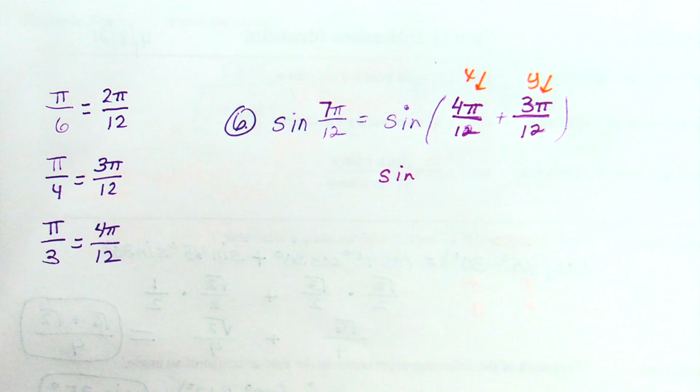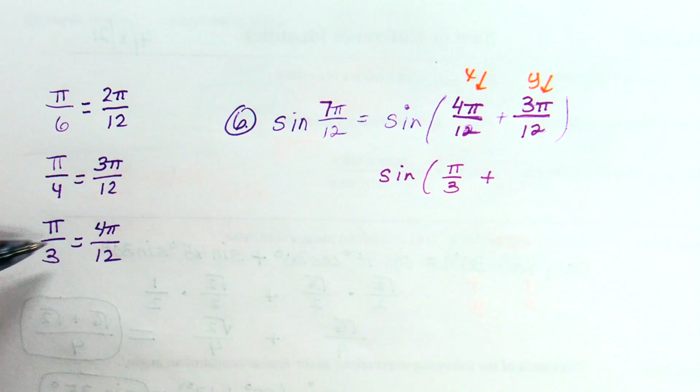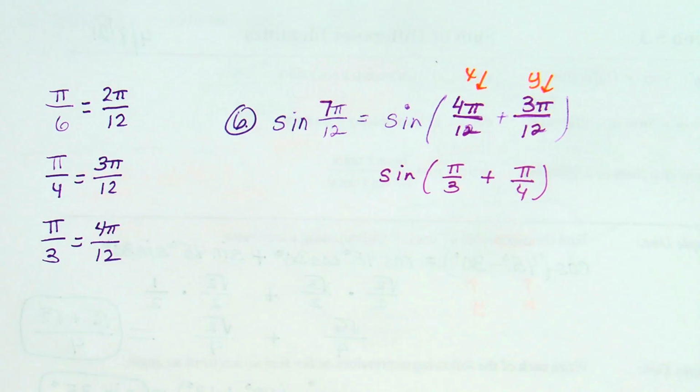That's really pi over 3. Plus, what's 3 pi over 12? Pi over 4. So really what you're going to be doing is sine of pi over 3 plus pi over 4. And why did I change back to pi over 3 and pi over 4? They're on our chart, right? Technically 4 pi over 12 and 3 pi over 12 are on the chart, but that's not how you see it, is it?